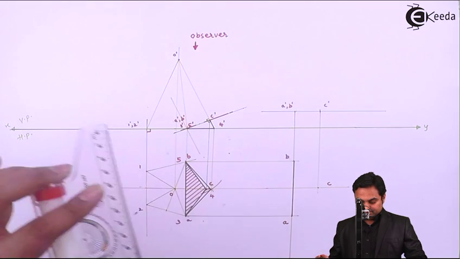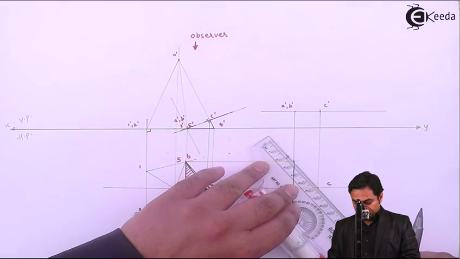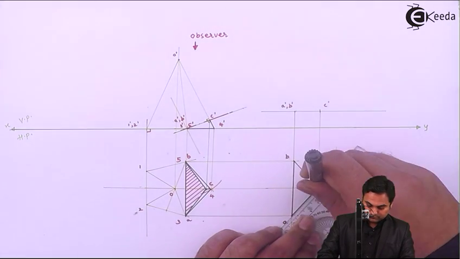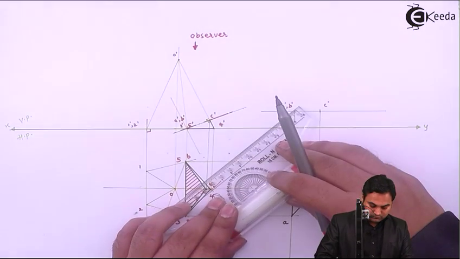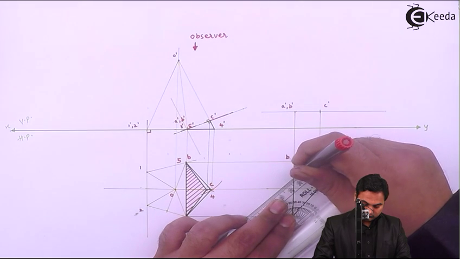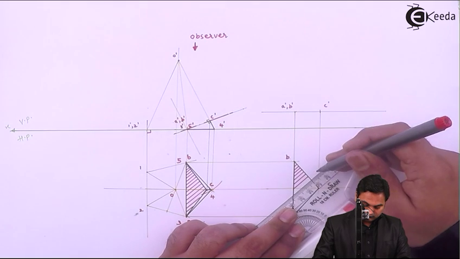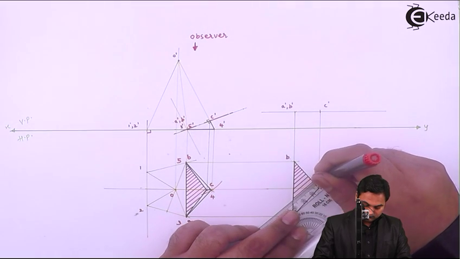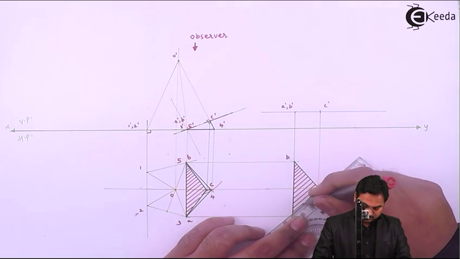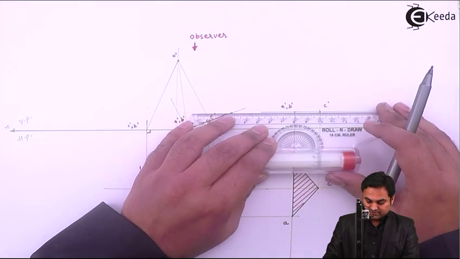Maximum possible base and minimum height. So this is the minimum height. Making this cutting plane dark.